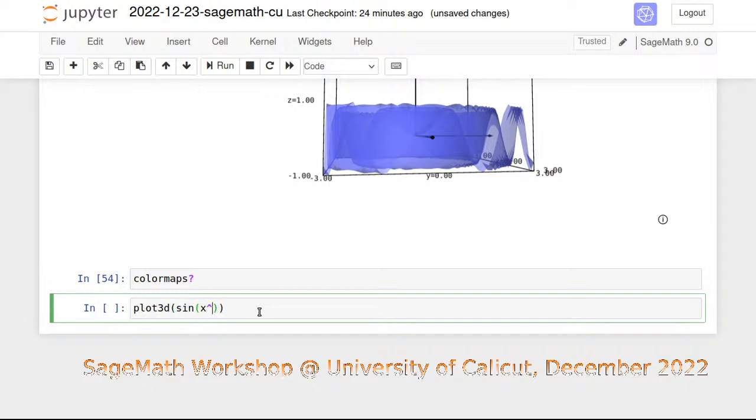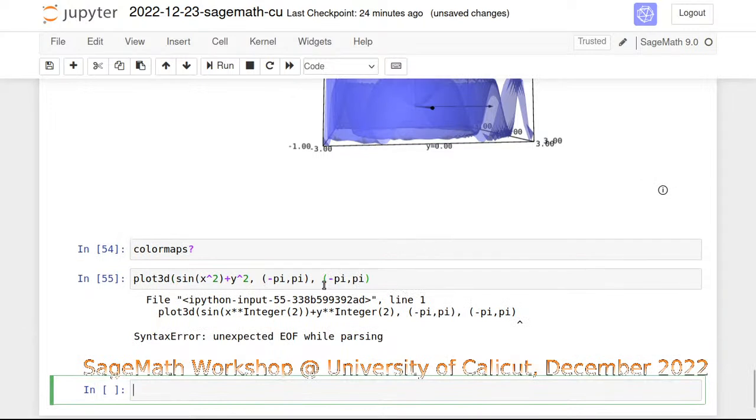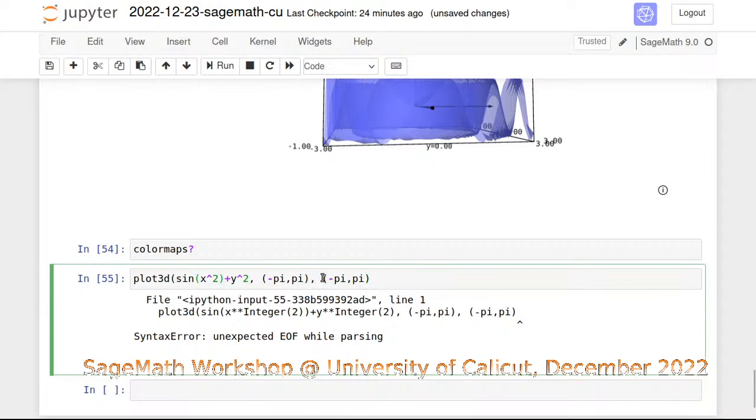Sine of x square plus y square, within range minus pi to pi, times cos y square.